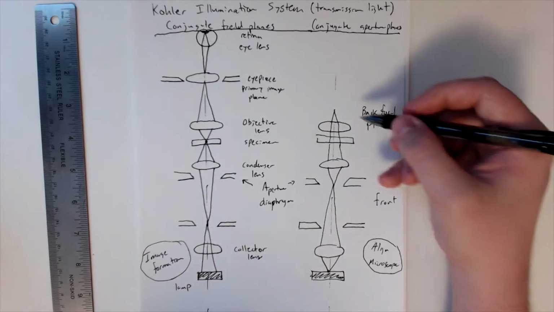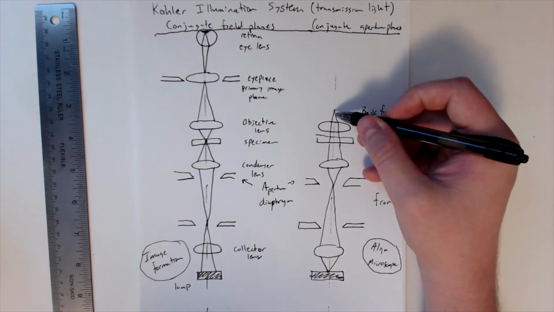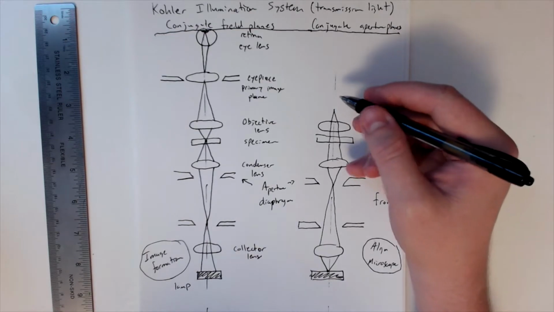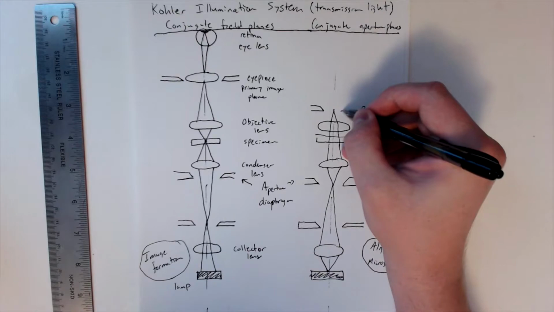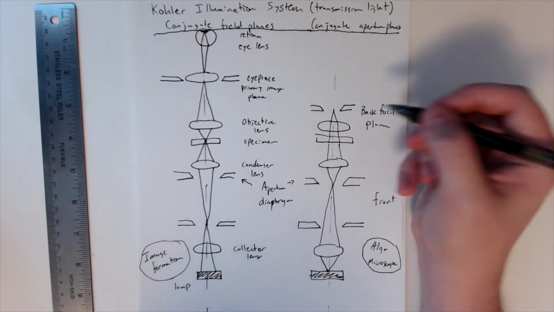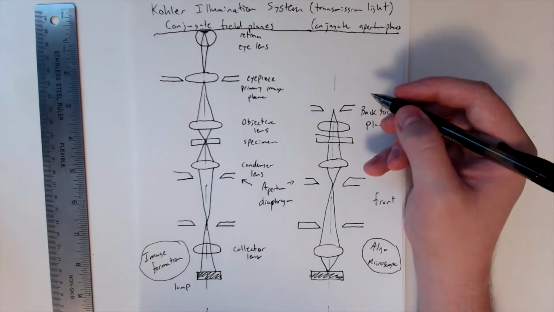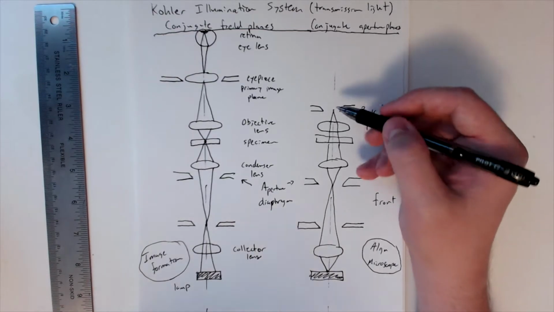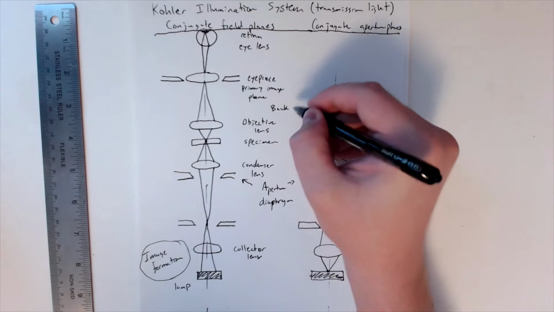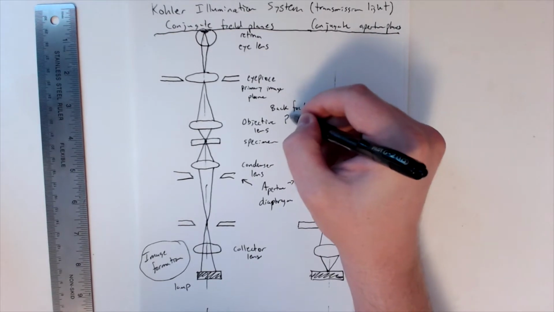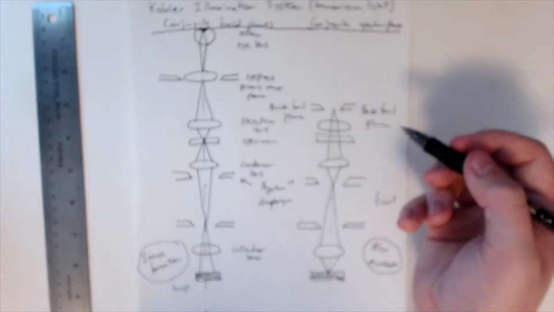All right, so it converges to a point here, and again, this is where we have another aperture. So in this mode, it converges to a point here, and we have an aperture at that back focal plane. So I'll put it up here as well, back focal plane. So we have an aperture in this back focal plane.